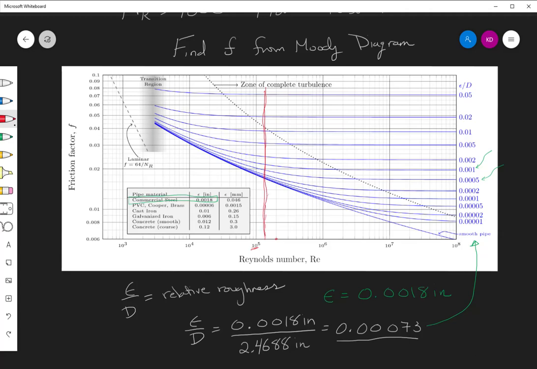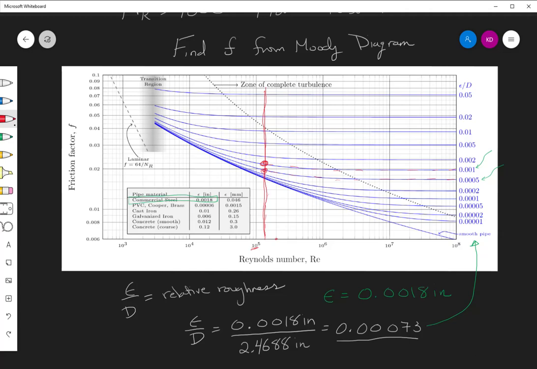So now I look at my curves that I selected. Let me start with the upper one, the 0.001, and I trace this curve back until it intersects with that Reynolds number line, which is the point right here. I'm also going to look at the lower curve, 0.0005, and trace that one back to where it intersects with our Reynolds number, which falls about there.